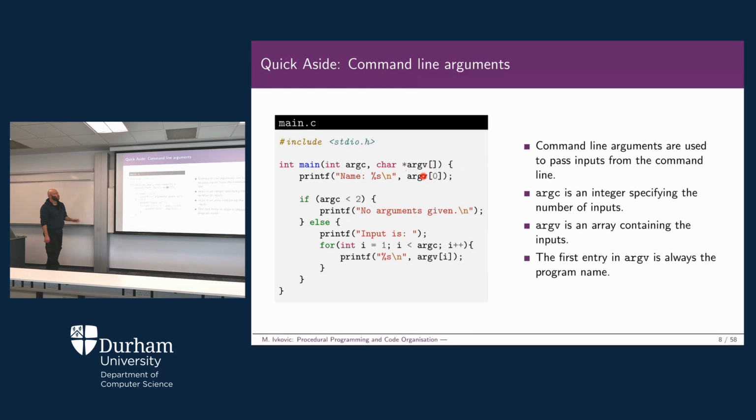By convention, the 0th element of this argv array, so the 0th element, the very first in the list, is always going to be the program name. So if I compile this program and run it as myprogram.exe, argv[0] is going to be myprogram.exe.